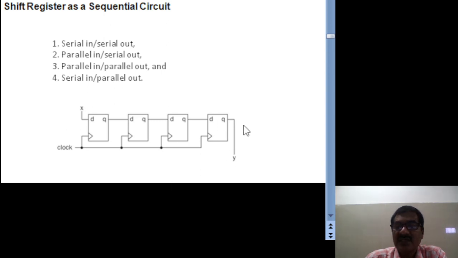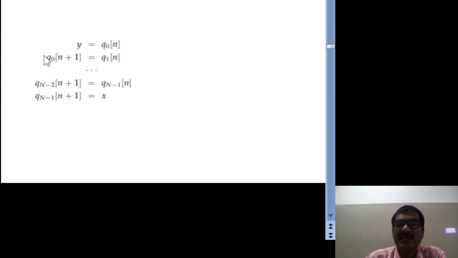Similarly, what is the next state of Q0, that is Q0 of N plus 1? The next state of the last flip-flop is the present state of the next higher level flip-flop, that is Q1 of N. Like that, if you write the equations for the next state of each and every flip-flop from Q0 to Qn minus 1, the equations can be expressed like this.